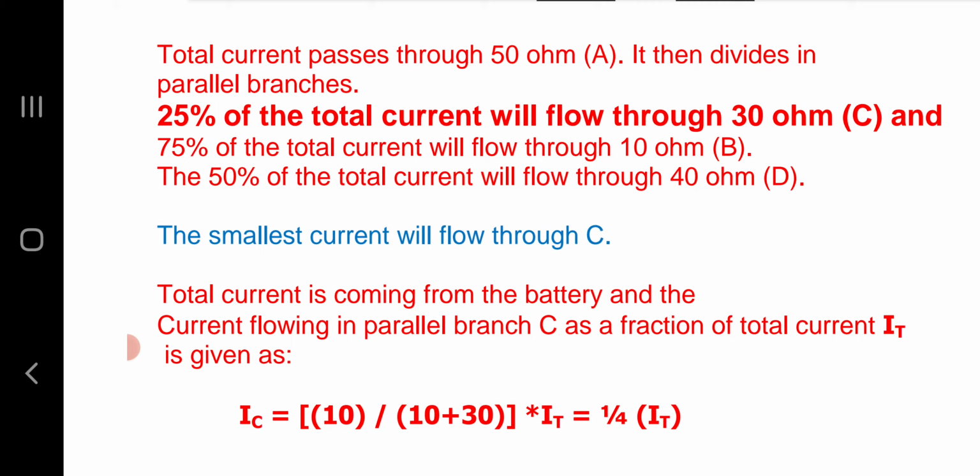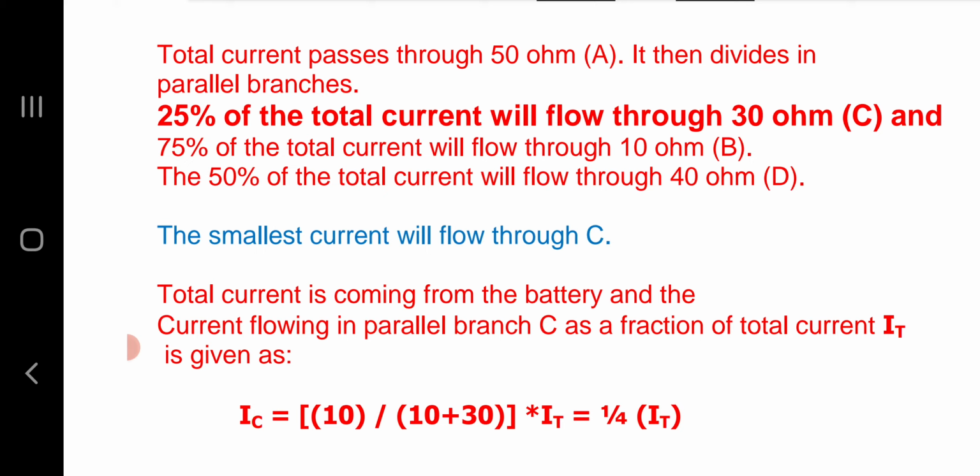Remember one thing, total current is coming from the battery, and the current flowing in parallel branch C as a fraction of total current IT is given as, so this is the formula for the branch current flowing in C branch. IC is equal to 10 over 10 plus 30. 10 is the value of the resistance in the second branch, divided by the total amount of resistance and multiplied with the total current.